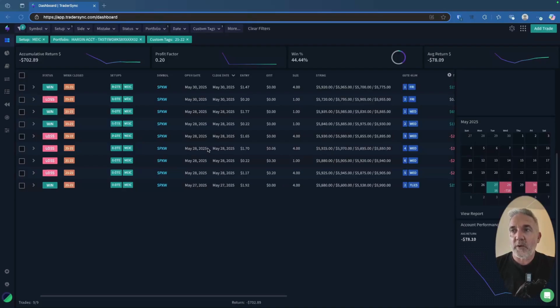All right, so now I have the results pulled up for week 22 for just the MEIC, which is the multiple entry iron condor. And if we take a look over on the calendar section here, you can see that I only traded for 3 days. And my total return was a loss of just under $703.